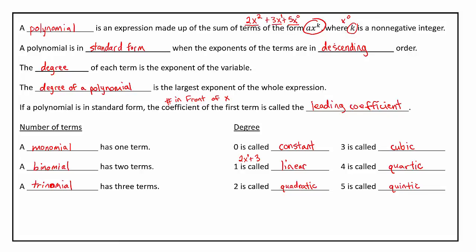But for one thing, those types of expressions just don't come up as much, so there's not really a need for us to name them, but also it's just kind of silly to have a name for everything. So if it's bigger than 5, we would just say it's a 6th degree polynomial or a 7th degree polynomial, and we wouldn't have a specific word for it.